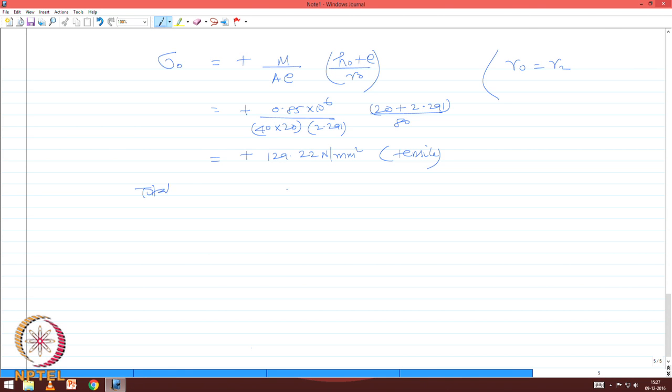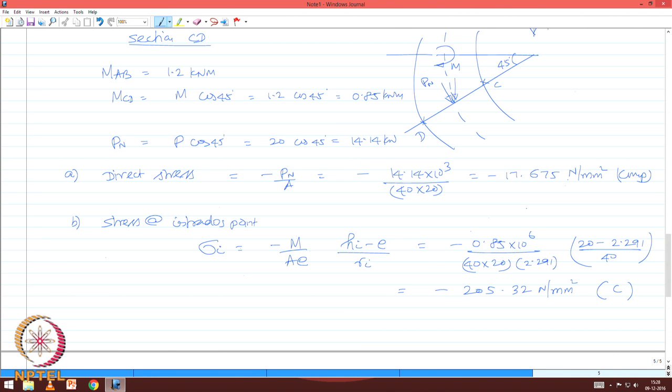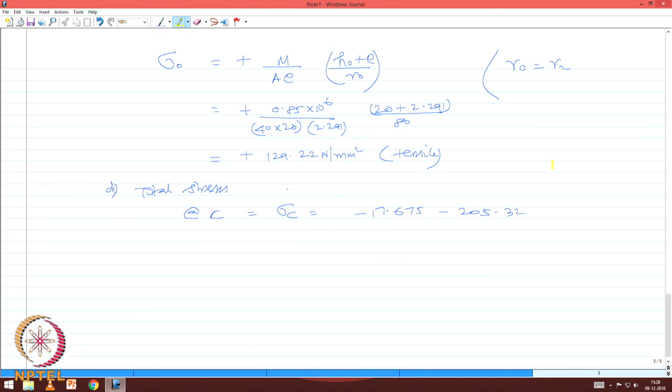Therefore, the total stress at C, which is sigma C, is minus 17.675, that is the direct stress compressive, minus 205.32, which we already have from here, which is negative 222.995, which is compressive.